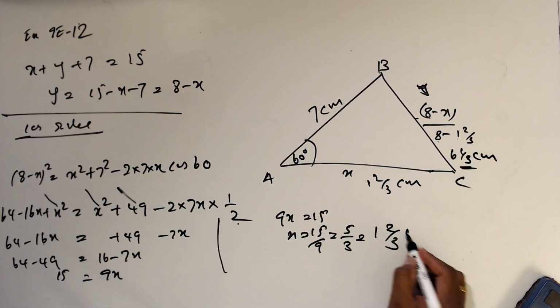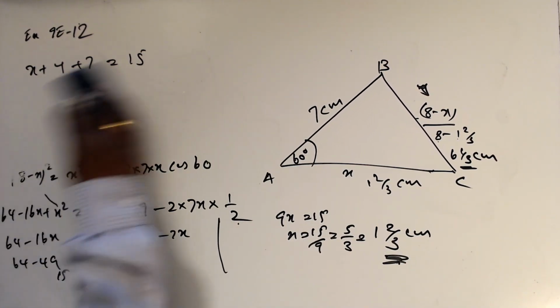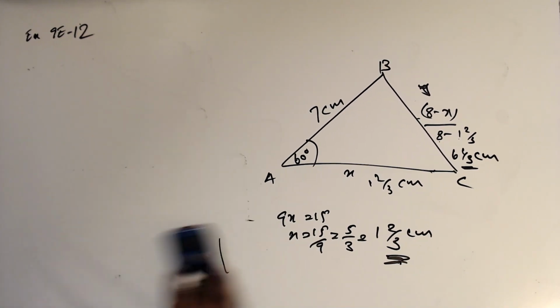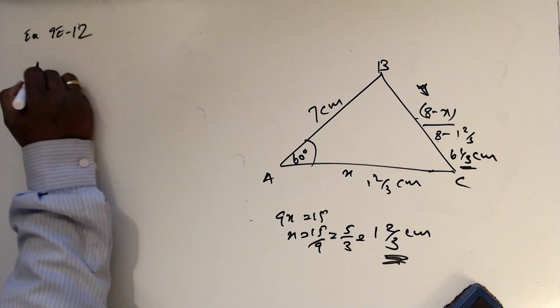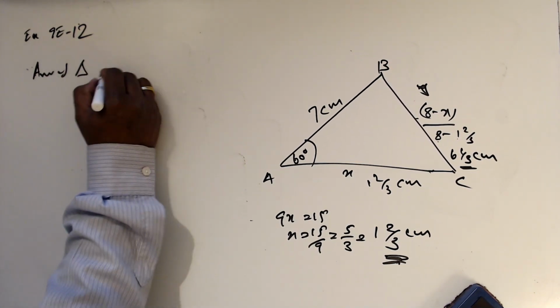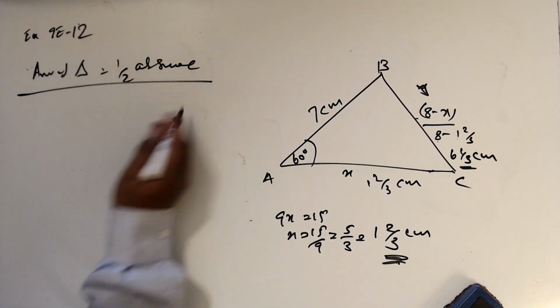Now we need to find the area of this triangle. So area of triangle is half ab sine C. That is the rule.